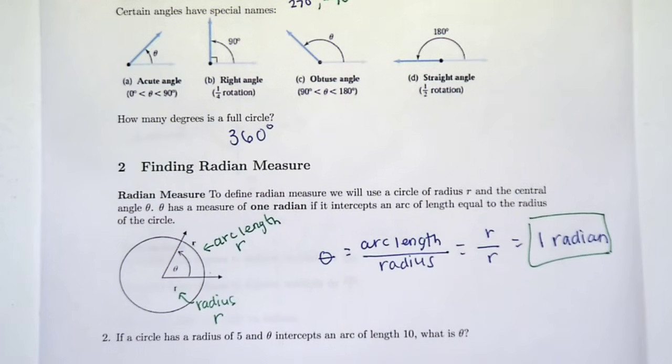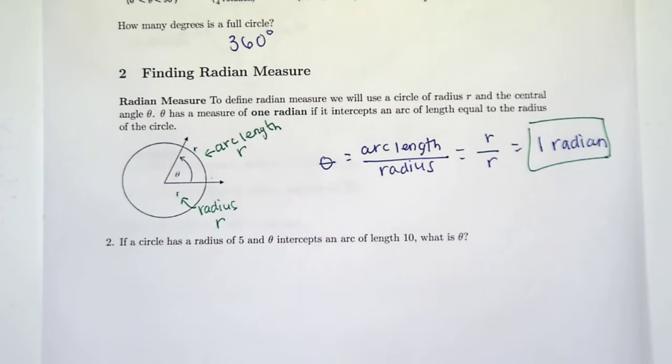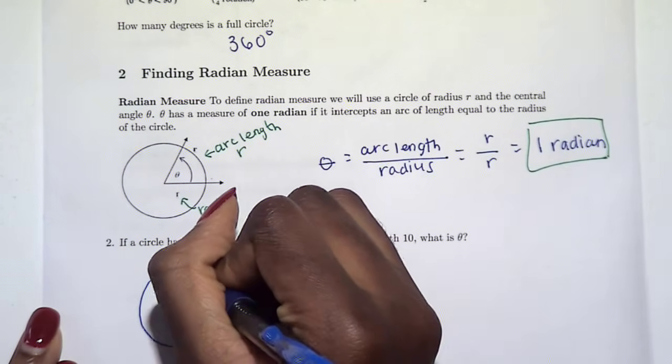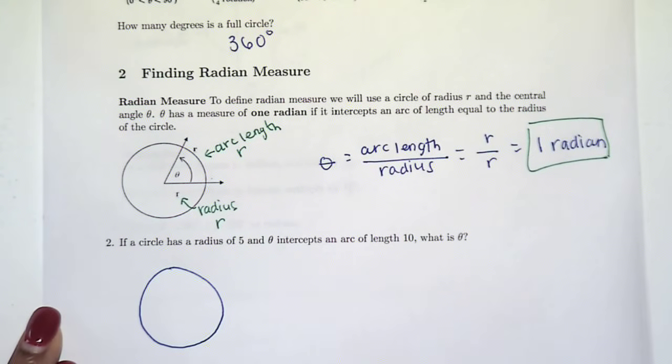Okay, so let's look at this example. It says if a circle has a radius of 5 and theta intercepts an arc of length 10, what is theta? First we have a circle, so let's draw that. And it says the radius of that circle is 5.